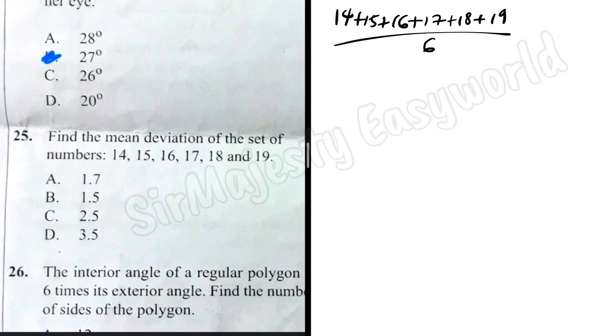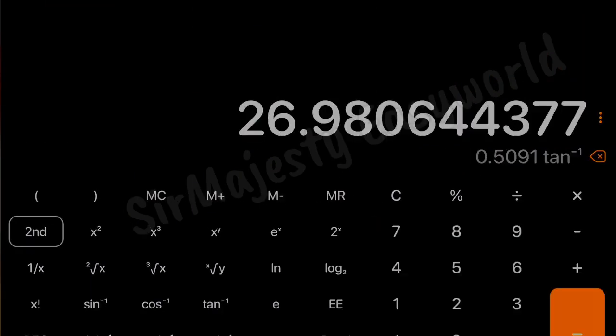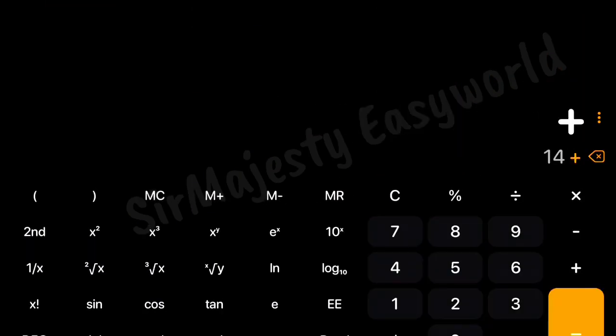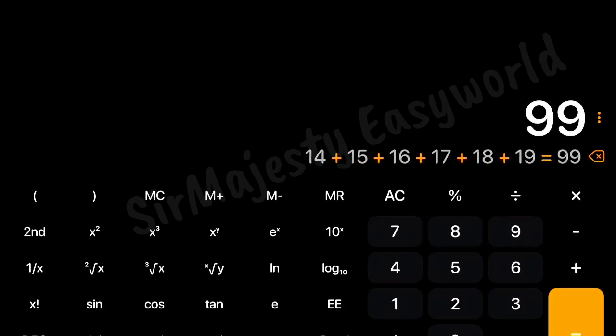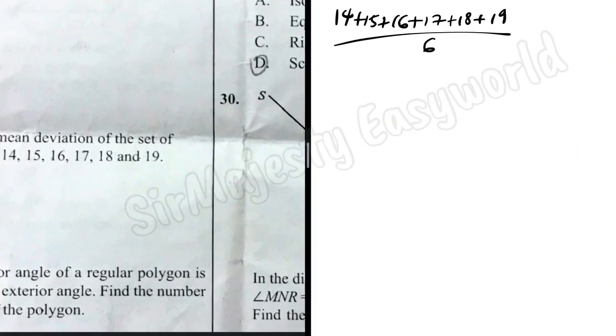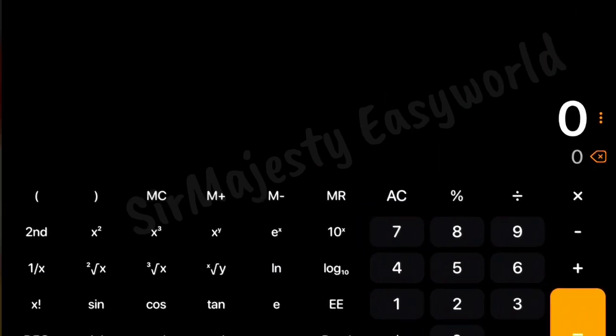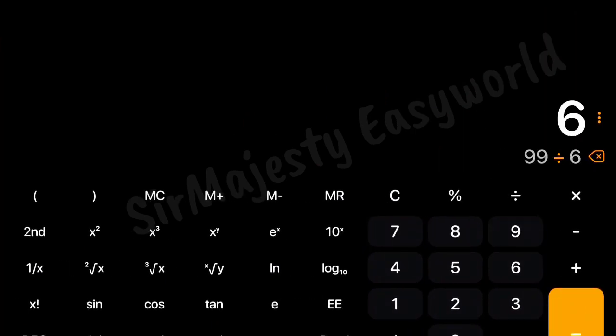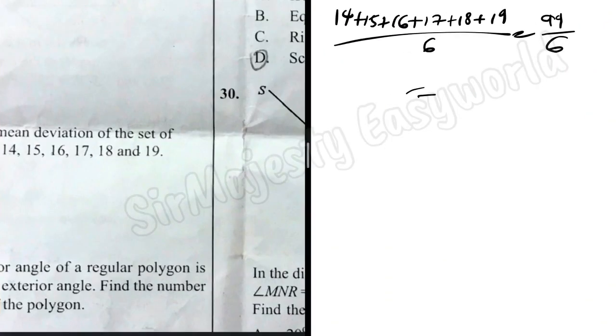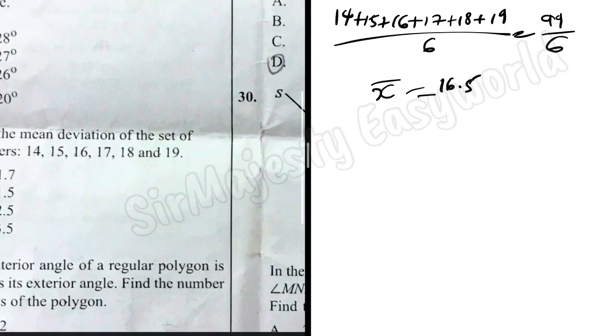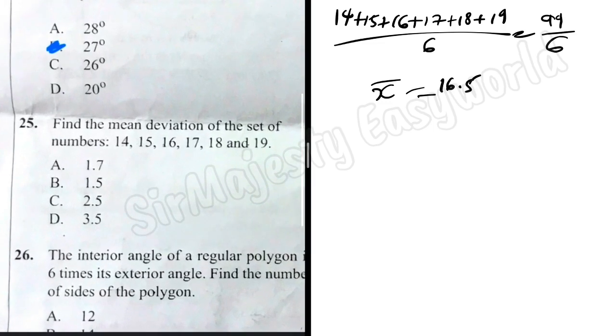So adding everything together, let's just do the addition. That'll give us 99. So that's 99 divided by 6. Let's quickly do that. That's 16.5. This is the symbol for mean.